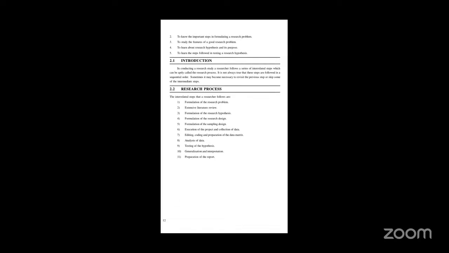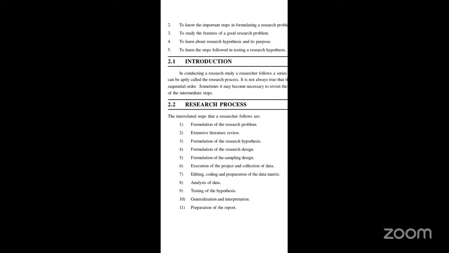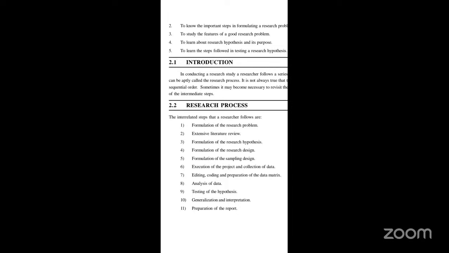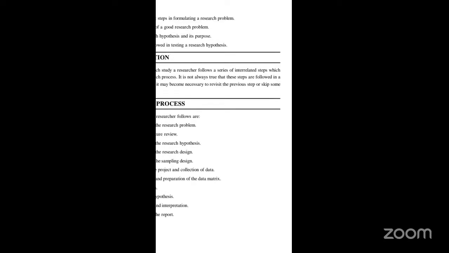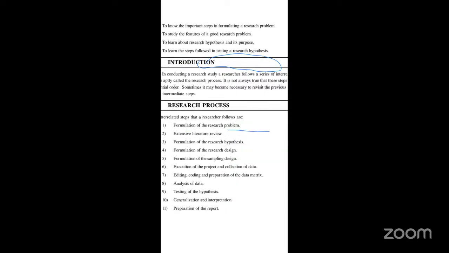So in the research process, the main introduction is this: in conducting a research study, a researcher follows a series of interrelated steps which can be applied. A series of interrelated steps which can be applied is called the research process.